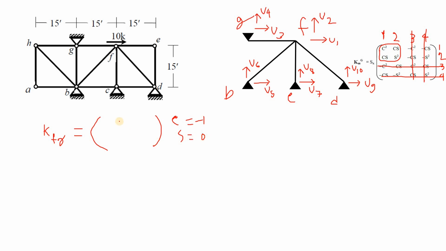Right over here, we are going to have C squared, so that's 1. Then we have CS, that's going to be 0. Right after that, here we have CS, which is also going to be 0. And then S squared is also going to be 0. So this is for U1 and U2. Similarly, U1 and U2. See that? Okay, so we have got that for U1 and U2 for KFG.